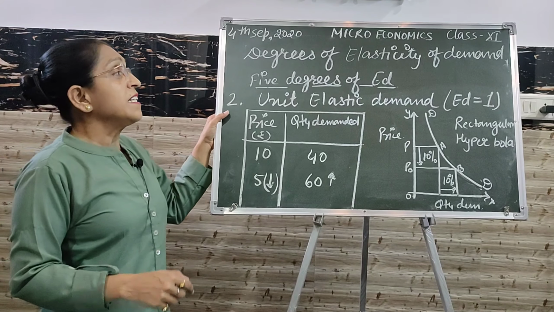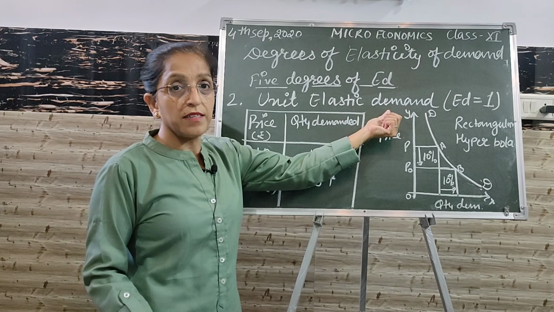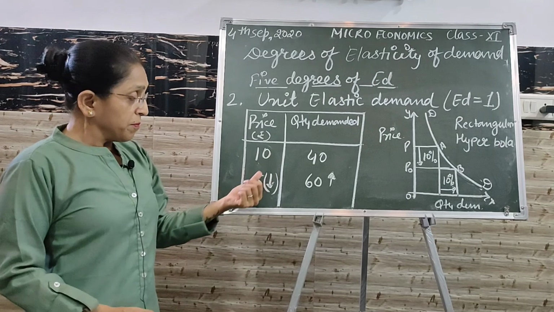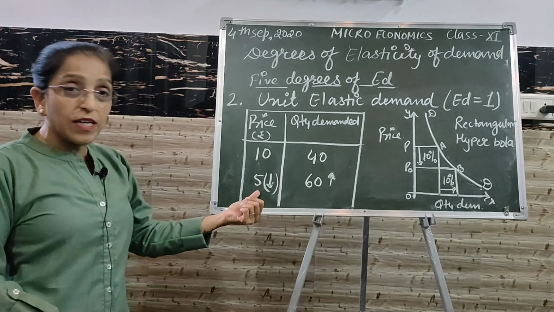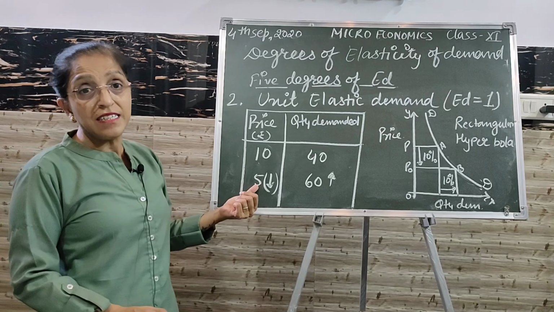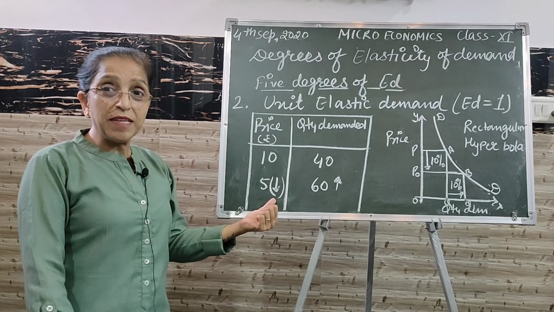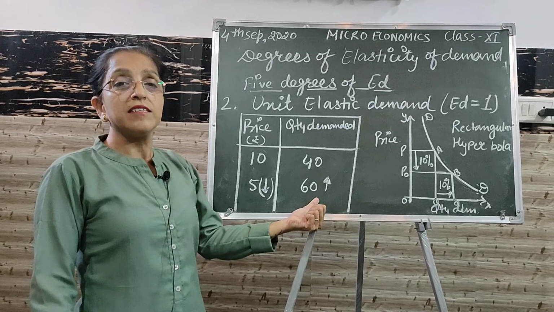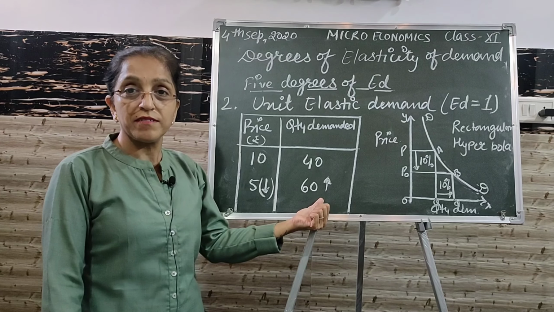Yes. The second degree of elasticity of demand is unit elastic demand, means ED equal to 1. It means the percentage change in quantity demanded is the same as the percentage change in its price. Here when the price is falling by 5 rupees, it means the price is changing by 10%. Then quantity demanded is increasing by 20 units, that is, it is increased by 10%.